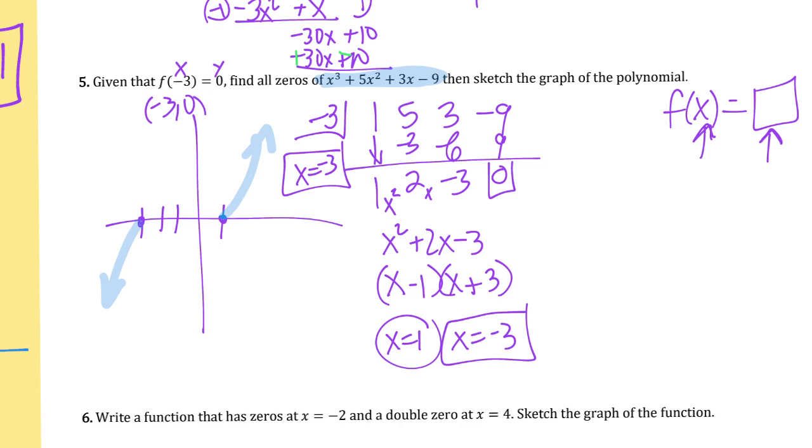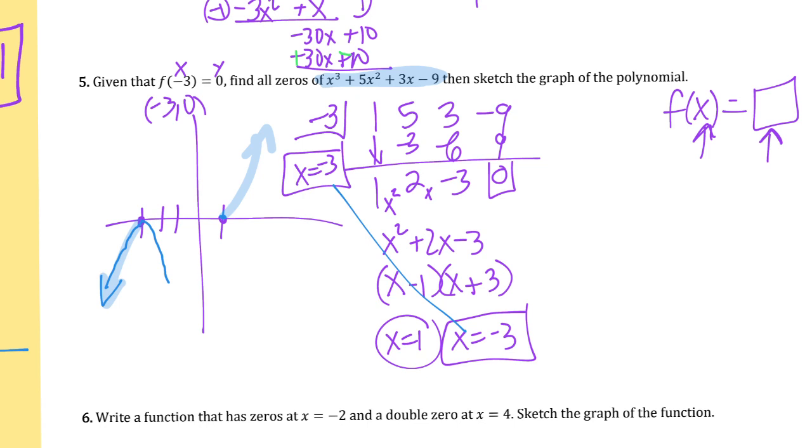Well, if there's 2 answers at the same point, how it touches the x-axis is going to be touch the x-axis without crossing. So if it touches the x-axis and doesn't cross it at negative 3, that's because there is a duplicate root at x equals negative 3.